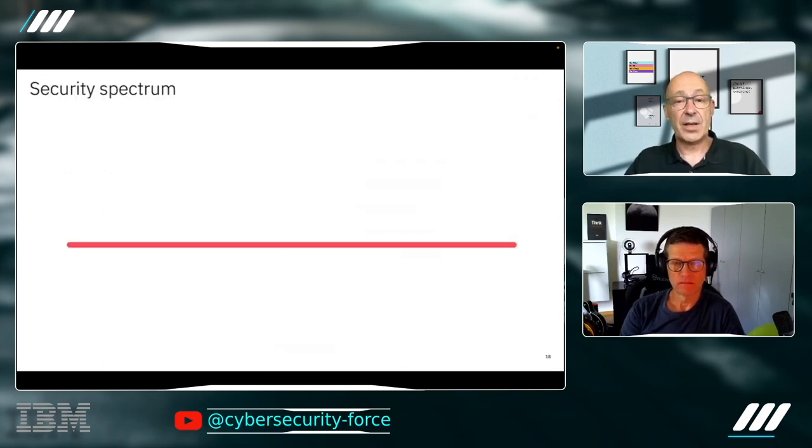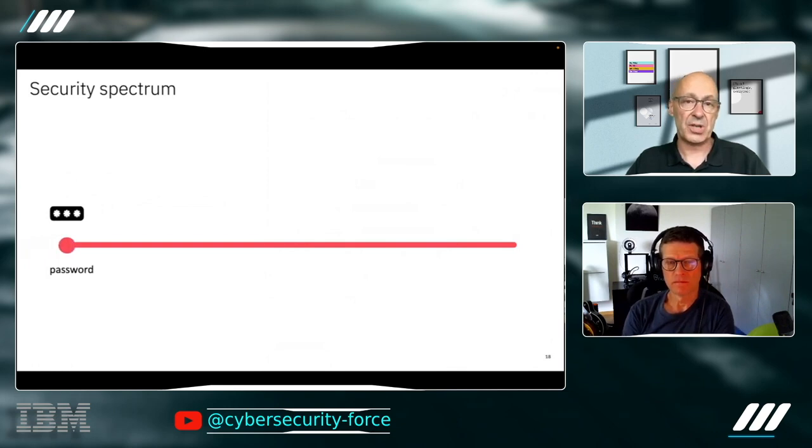If we look at the spectrum and look at security, what's the least secure is, of course, using a password. On the other side, what's extremely secure is using the security keys, such as those from YubiKey and FIDO. And these are, in fact, passkeys that are device bound.